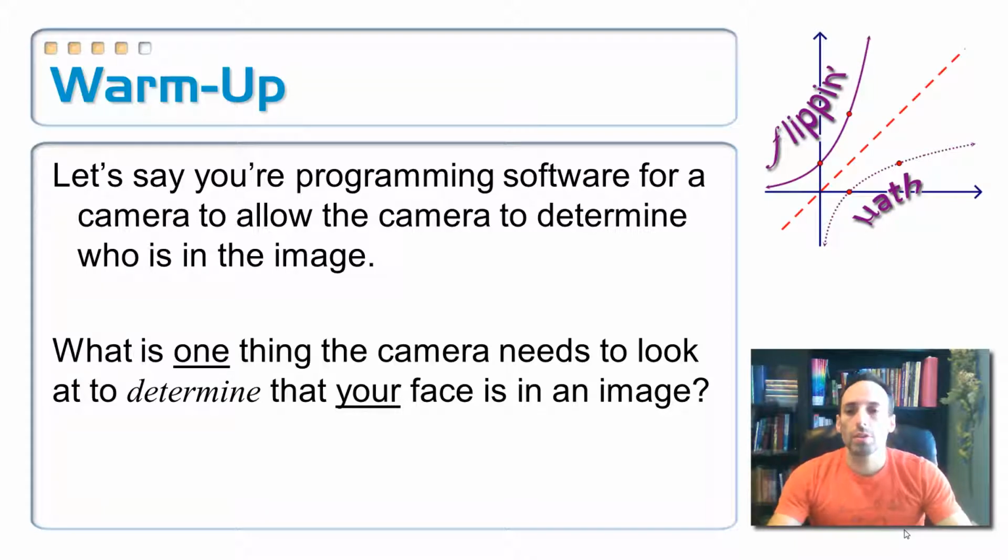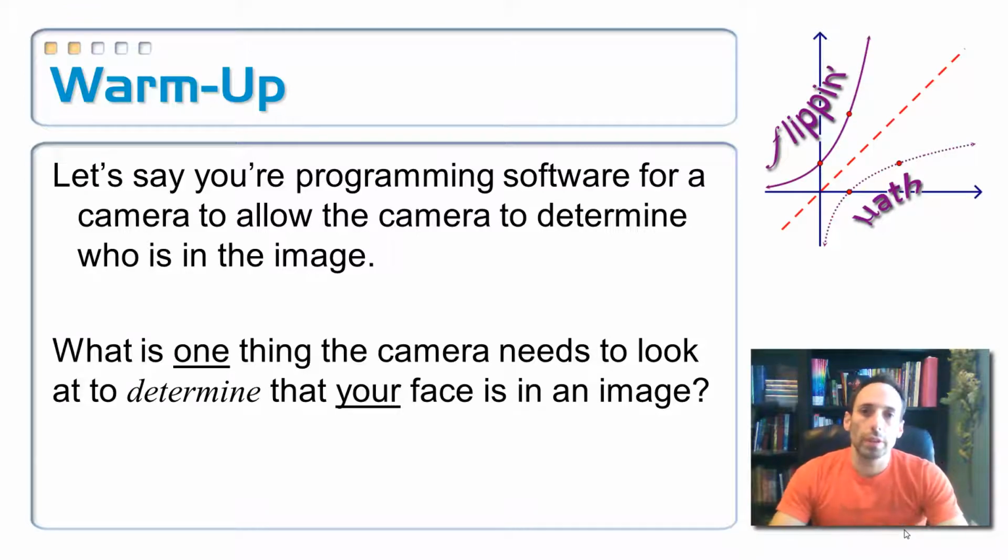Okay, so my question is, what is one thing the camera needs to look at to determine your face is in an image? So the software, whatever camera is looking at you, what is one thing that it's looking at your face and going, hey, that's you? Okay, so just take a second, think about that.